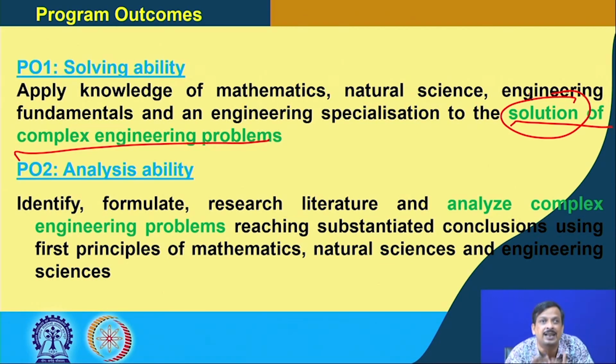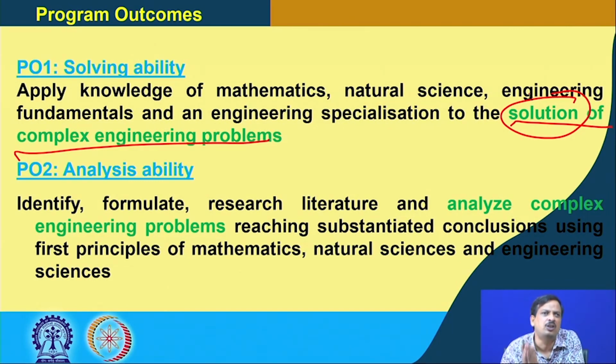A student must have knowledge of mathematics, natural science, engineering fundamentals and engineering specialization, but the ability is to solve complex engineering problems. So, all my POs should start from solving ability, that means application, in the cognitive domain. It is called application ability.